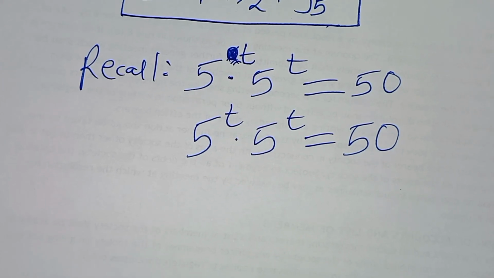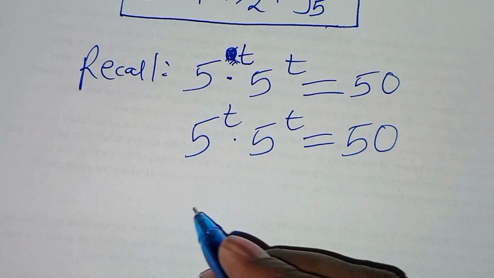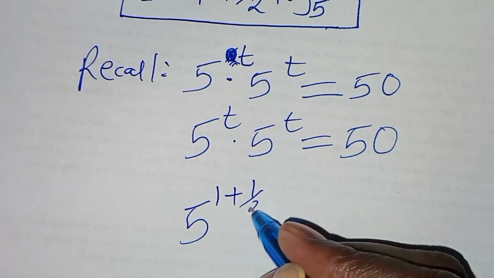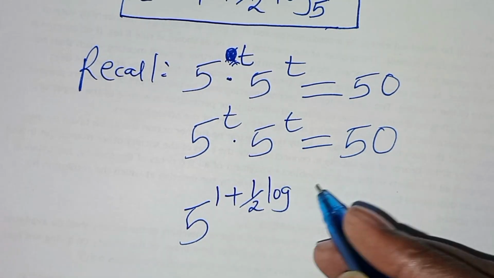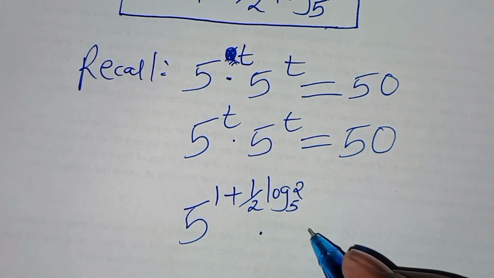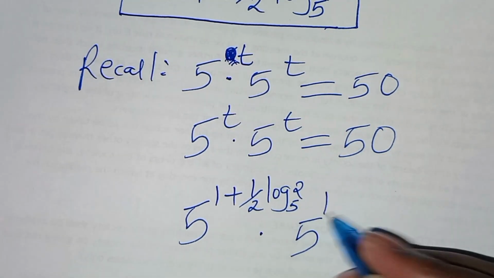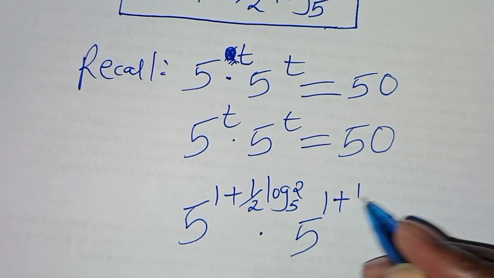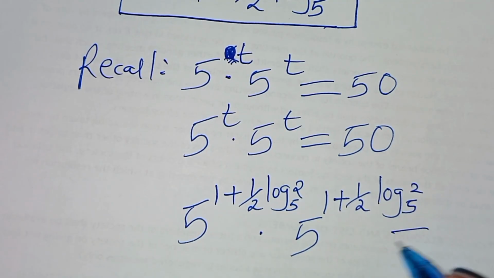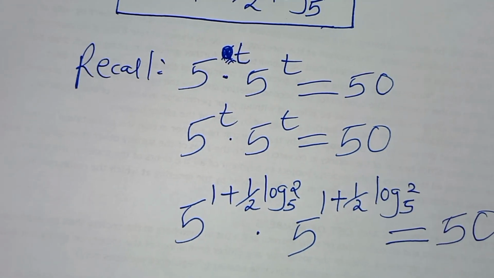So let's substitute the value of t. You'll have 5 to power 1 plus a half log 2 to base 5, multiplied by 5 to power 1 plus a half log 2 to base 5. This should give us a value of 50.